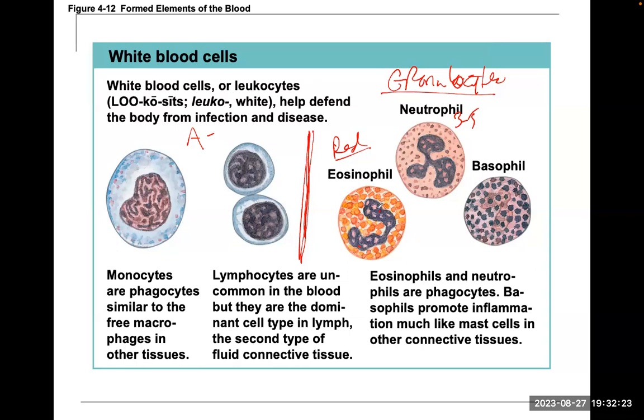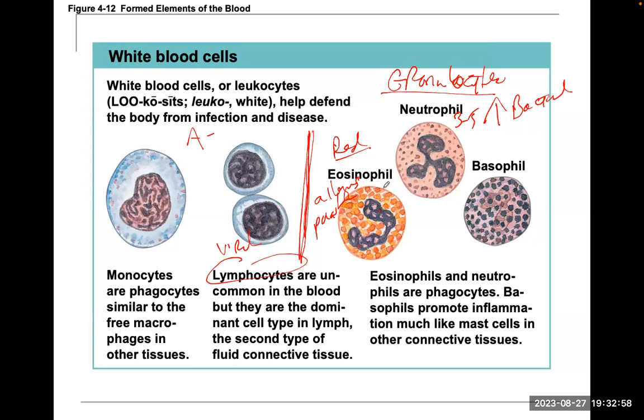And if the nucleus is kind of S-shaped and it's obscured and hard to see with dark blue staining granules, it's a basophil. If the neutrophil count is high, you have a bacterial infection. If the lymphocyte count is high, you have a viral infection. If the eosinophil count is high, it's usually a result of allergies or parasites.